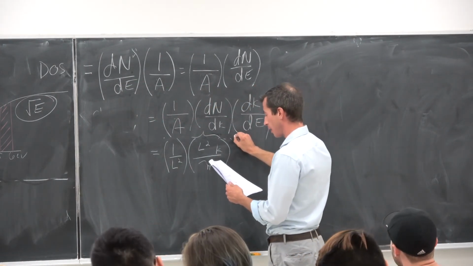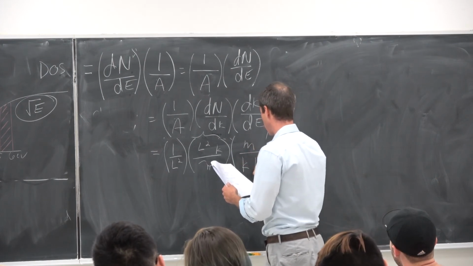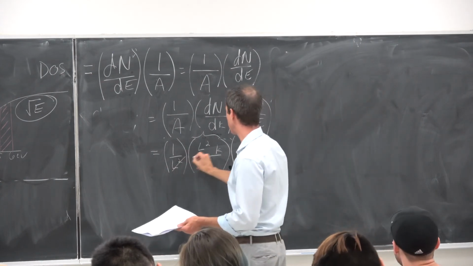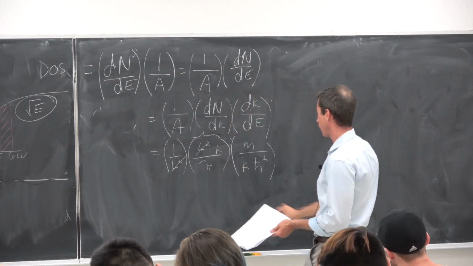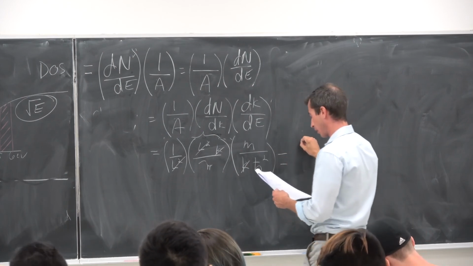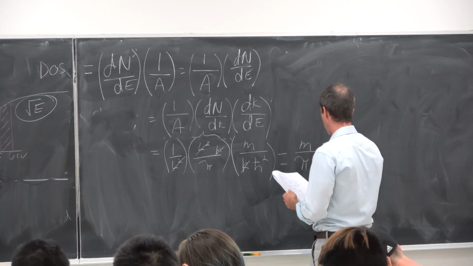And then dk we use again as m k over h bar squared. So we can get rid of this, the k's cancel, and we're left with m over pi h bar squared.